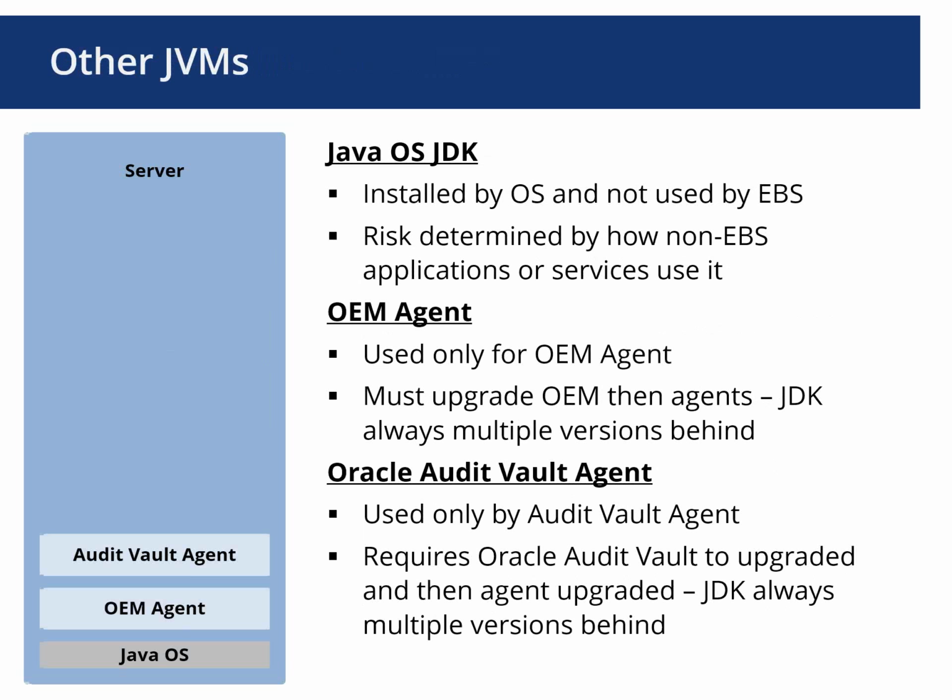And then finally, there are other JVMs installed on the machine. As part of the OS, almost always there's another JDK installed. That may be an OpenJDK version, which is an open source version of the JDK that the Oracle JDKs are based off of. Those are not used by Oracle E-Business Suite at all. They may be used by other applications.